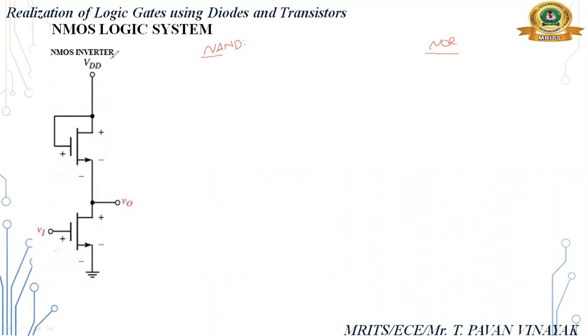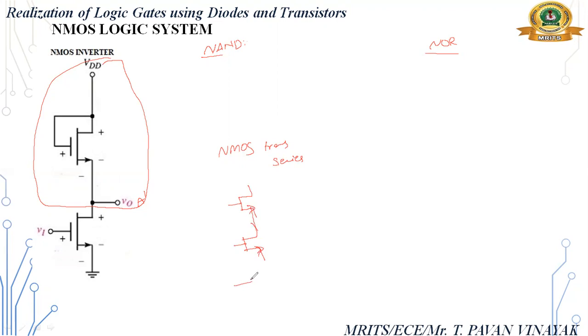This part is called the inverter, and we give the input, that is A bar, right? Whenever NMOS transistors are connected in series, like this, A, B, C, the output is AND.